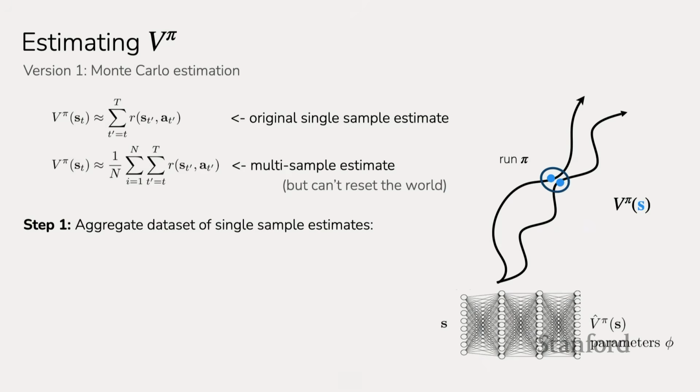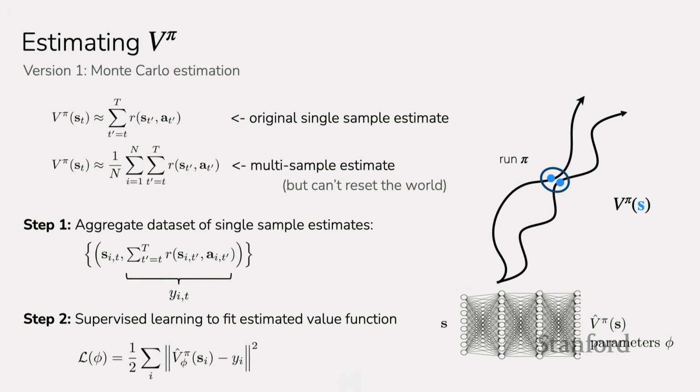Okay, so this first approach is just to run a bunch of samples, aggregate a data set of our future rewards, and then run supervised learning to fit an estimated value function, where you can form an L2 error between your predicted value and the observed sum of rewards, and then minimize that with respect to the parameters of your value function.